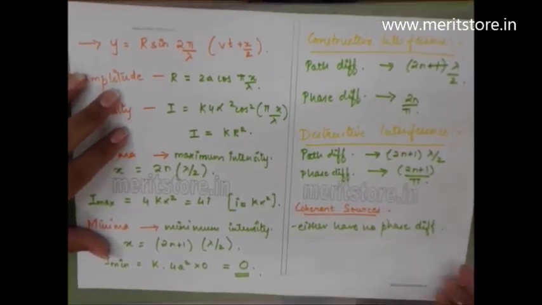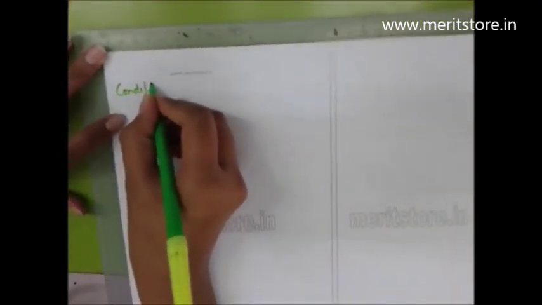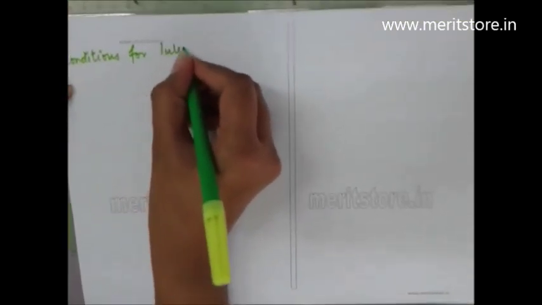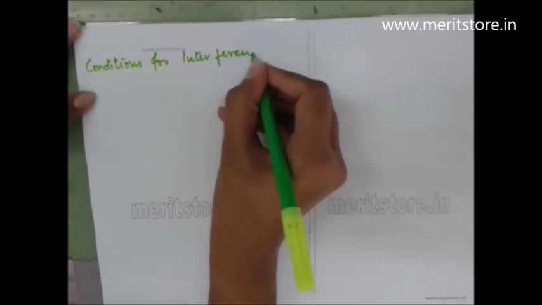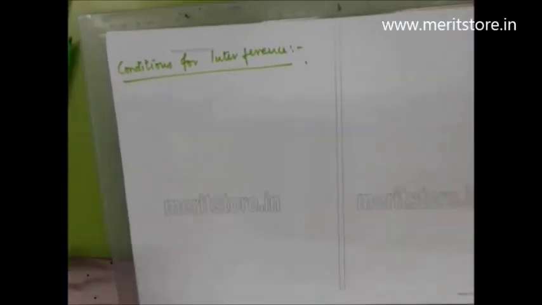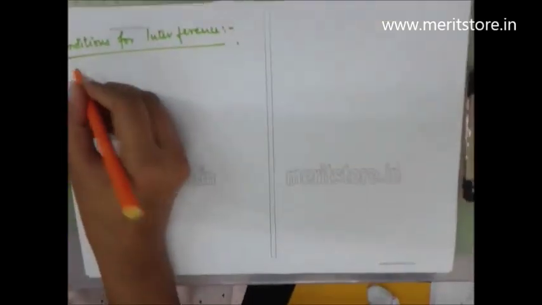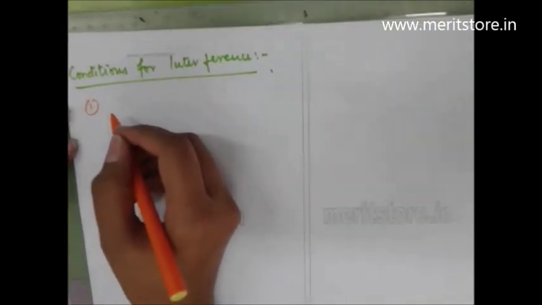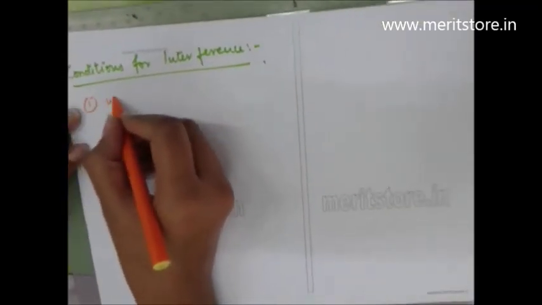What are the conditions for interference? The first one is the two sources should emit continuously waves of same wavelength.